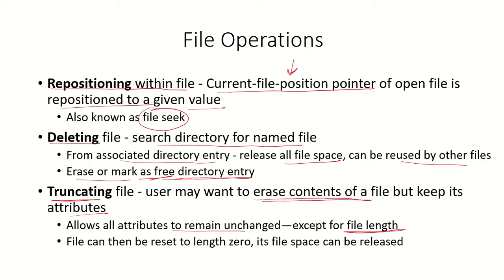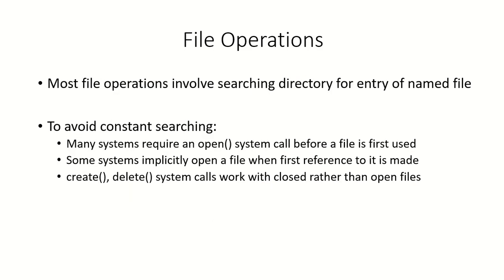The file length can be reset to 0 and its file space can be released till the time it is remodified and more data is added. Now most file operations we have seen will involve searching of the directory for the entry of the named file.